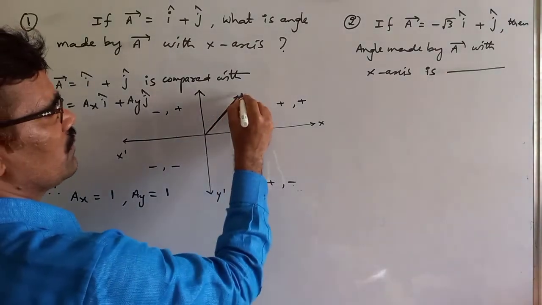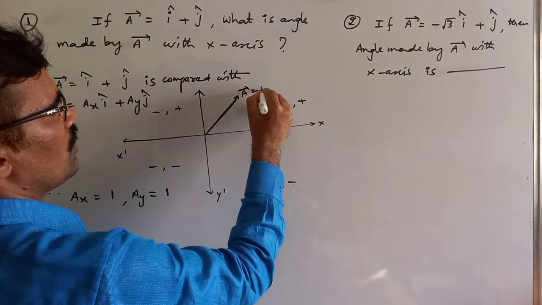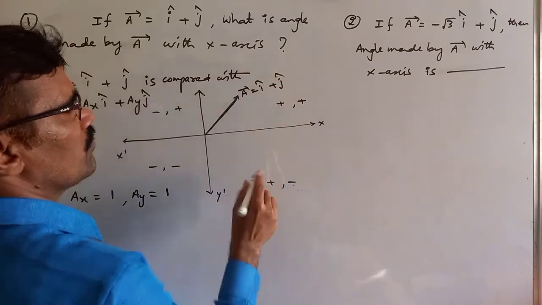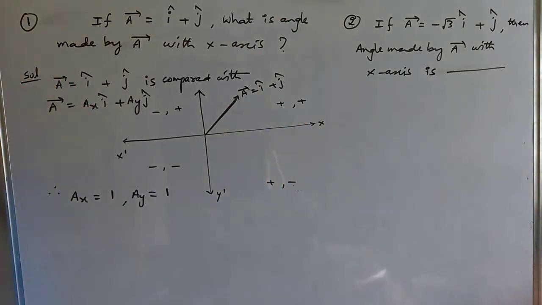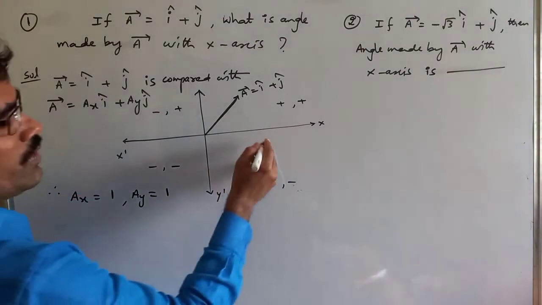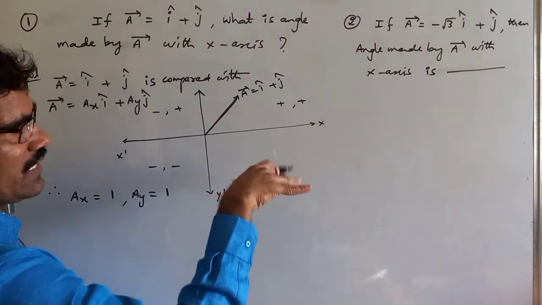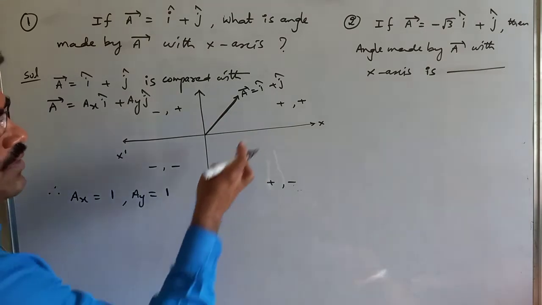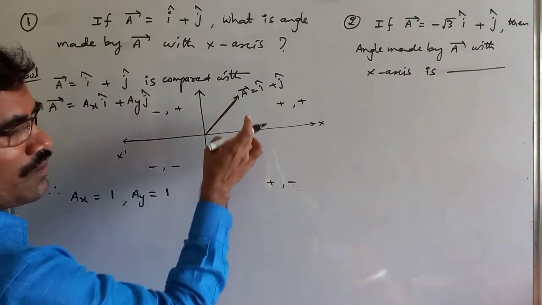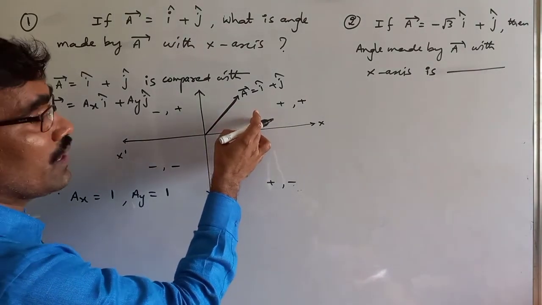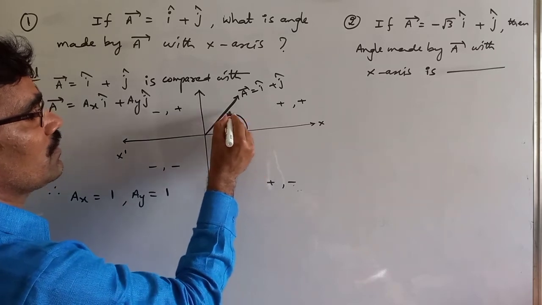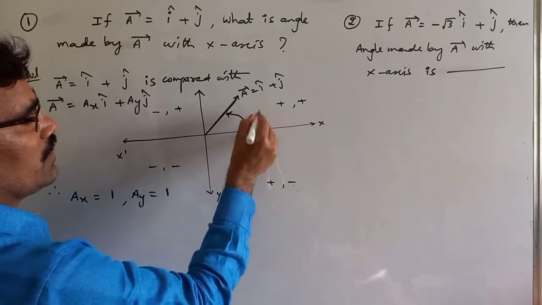This is A bar equal to i cap plus j cap, both positive. What is the angle with the x-axis? With the negative x-axis or the positive x-axis? Which is close to this one? It is close to the x-axis. That's why here is the angle theta.